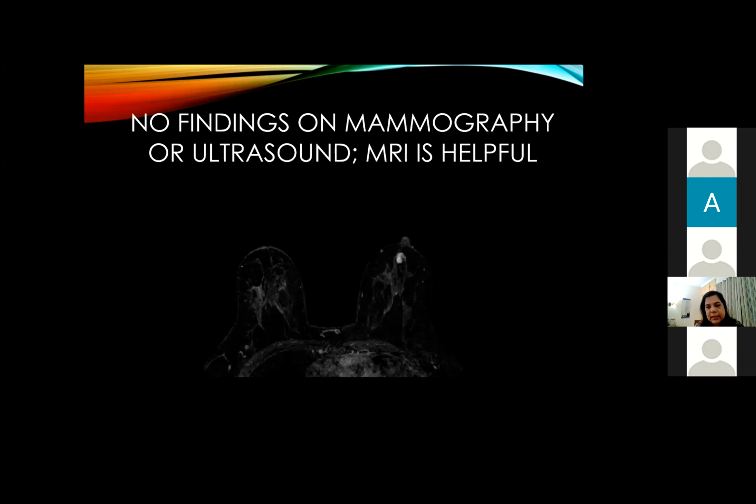In these cases, MRI is helpful, as in this case with a normal ultrasound and mammogram, but you see an enhancing lesion on the contrast-enhanced MRI, and there were retroareolar dilated ducts, which were of course seen on ultrasound, but the mass could not be picked up.